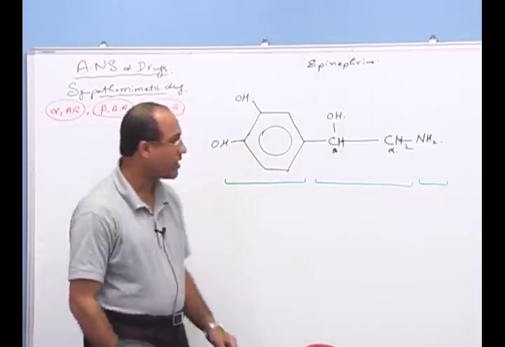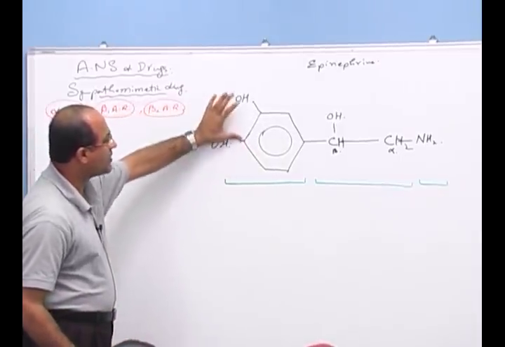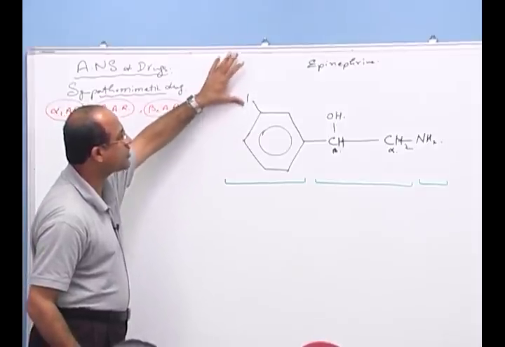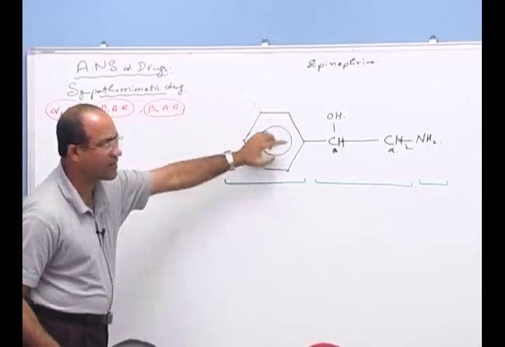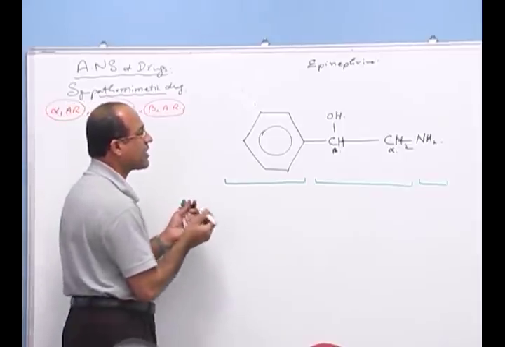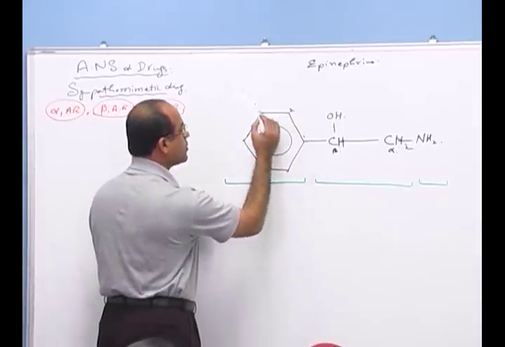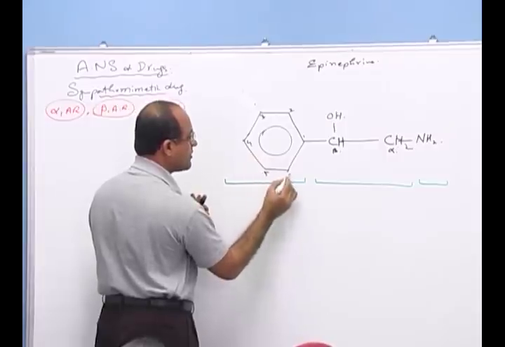Now, on this phenyl ring, if it gets hydroxylated, this is a simple phenyl ring. Suppose this is carbon 1, 2, 3, 4, 5 and 6.